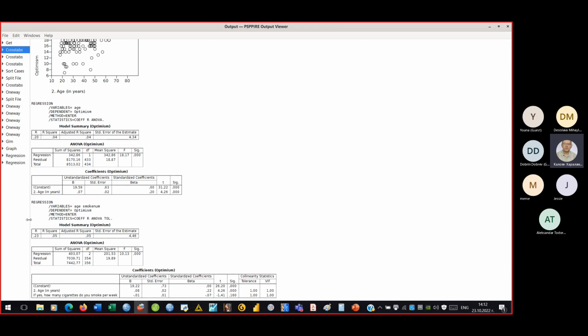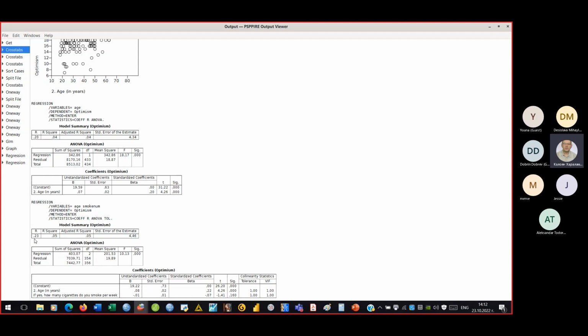Here coefficient of correlation R is 0.23, but here when the independent variables are more than one, this coefficient of correlation is multiple coefficient of correlation. That means that it measures the strength of correlation between the dependent variable and all independent variables together.